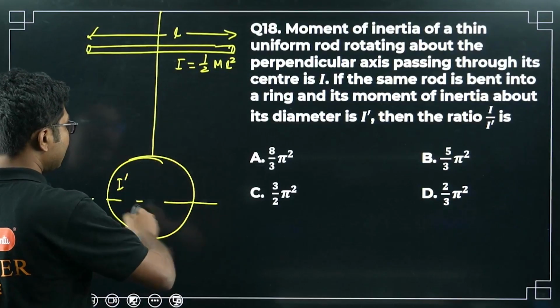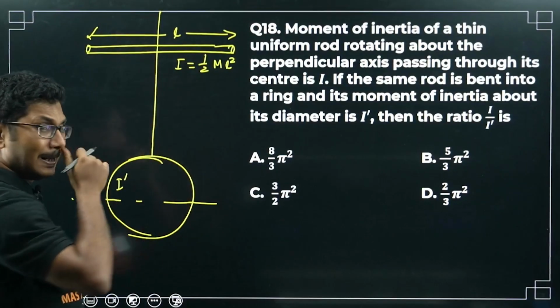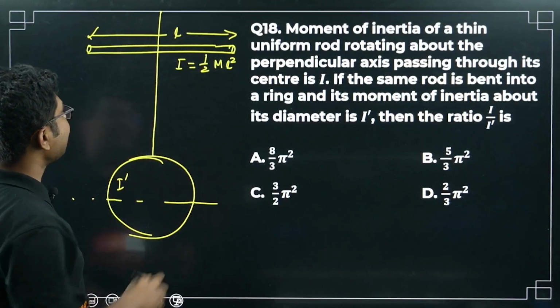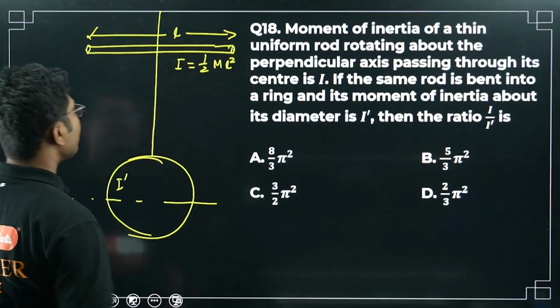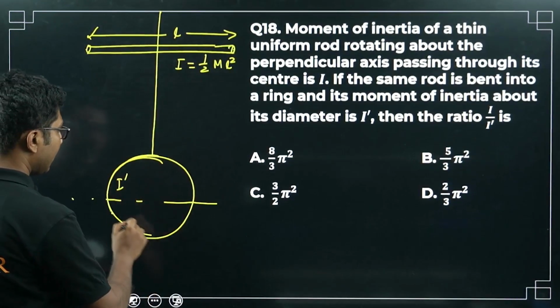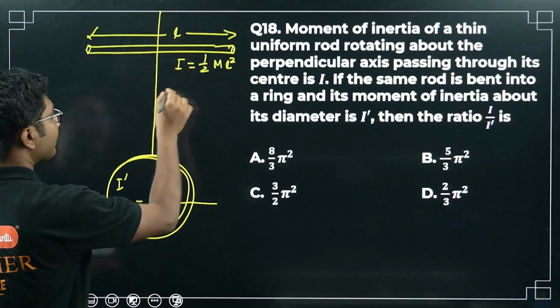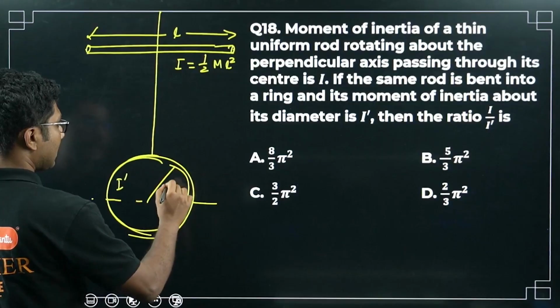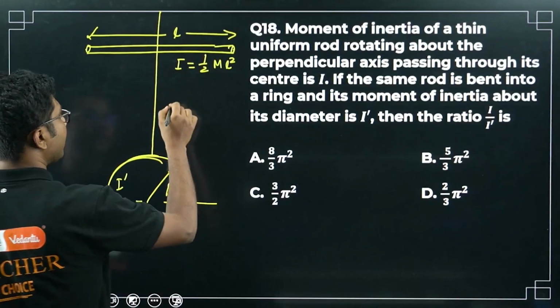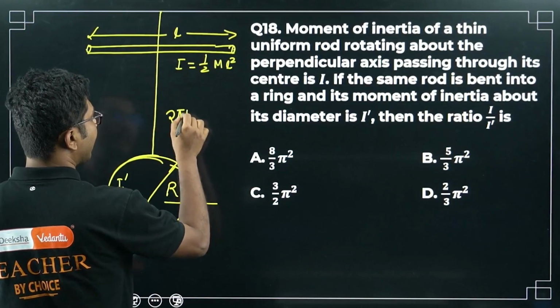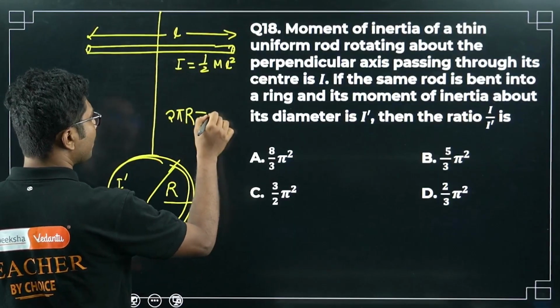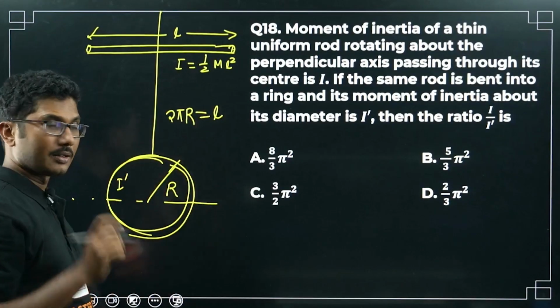The same rod is bent into a ring, so the length of the rod should be equal to the perimeter of the ring. The length of the rod is L, and if the radius of the ring is R, the perimeter is 2 pi r, which should be equal to the length of the rod.